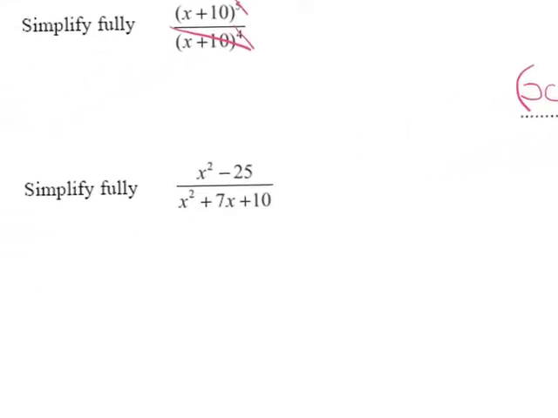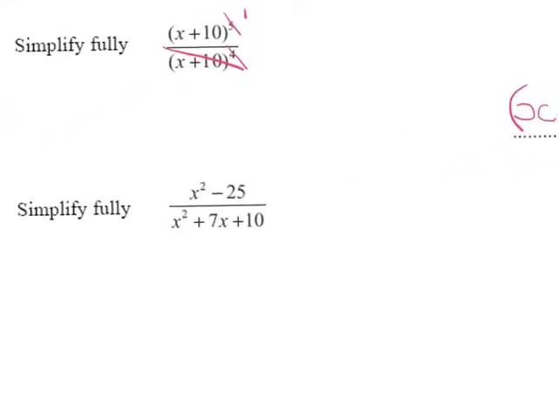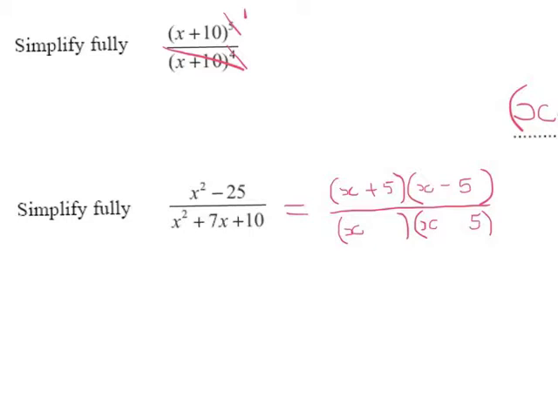This one's a little bit more tricky because we need to factorise both of the expressions. So the top is actually trickier than it looks. It's going to be a difference of 2 squares because x squared is a square term and 25 is a square term. So when we do difference of 2 squares, it's x plus 5, x take away 5. And on the bottom we're going to have a quadratic factorised, and we're going to have x and then 5 and 2.